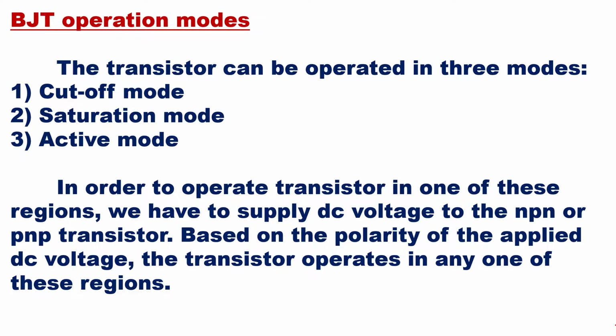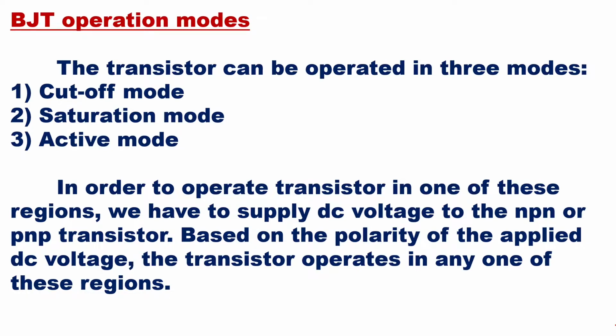Depending upon how you apply the voltage, forward bias and reverse bias of the two junctions of the BJT will take place. And depending upon those, you can decide in which mode your BJT is operating, whether it is cutoff mode, saturation mode, or active mode. So this is what your BJT operation modes are.